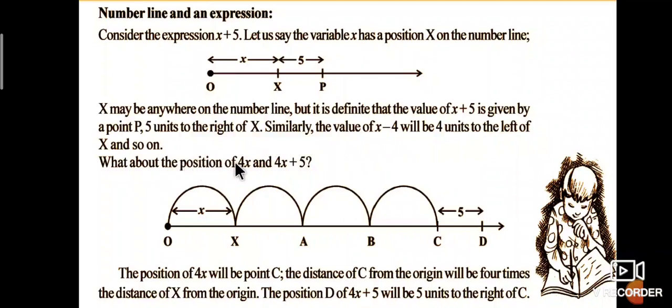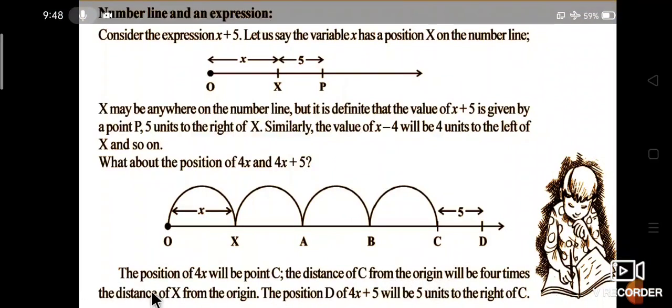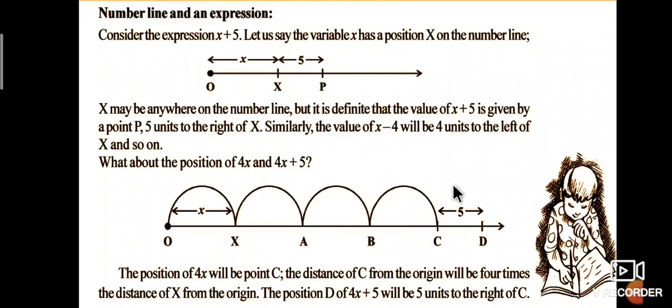So what about the position of 4x and 4x plus 5? On the number line given, the position of 4x will be point C. Therefore, the distance of C from the origin will be 4 times the distance of x from the origin. This is the origin, this is the distance of x, 1x, 2x, 3x and 4x.